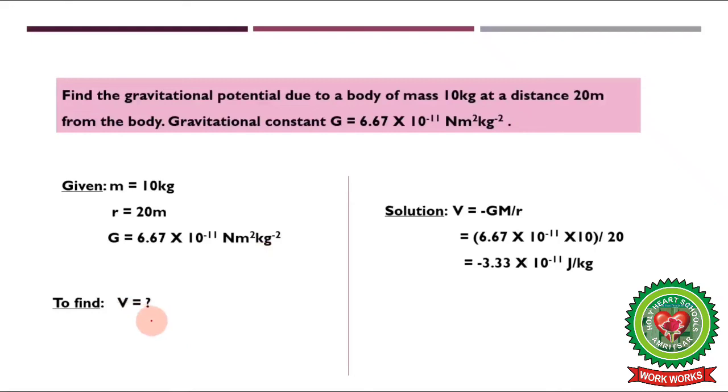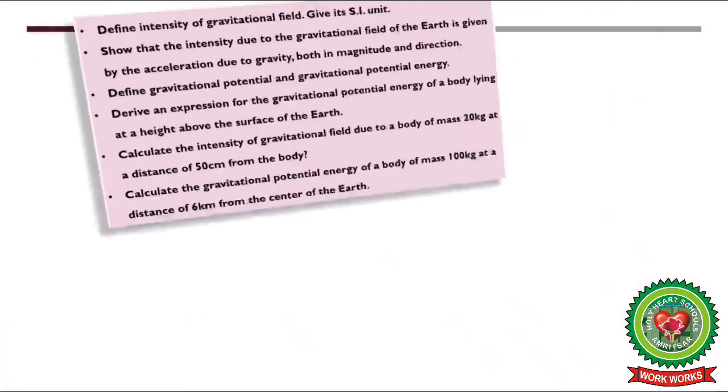Now we have to find potential V. Formula for potential is V is equal to minus GM divided by r. Putting the values of G, M and r, we get 6.67 into 10 raised to power minus 11 multiplied by 10 divided by 20, which is equivalent to minus 3.33 into 10 to the power minus 11 joule per kilogram. So this is the value of gravitational potential due to a body of mass 10 kilogram at a distance of 20 meter from the body.